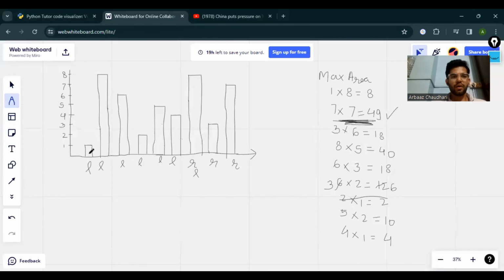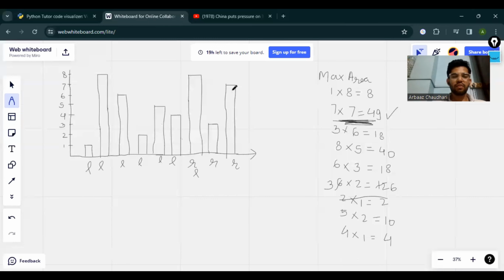So I will be filling water over here. Water will be filled till 1 only. If I fill more water, the water will come out. So only up to this small height can I fill water.